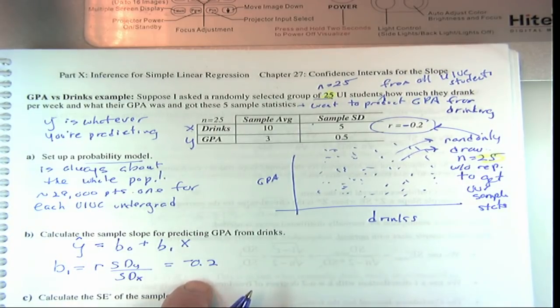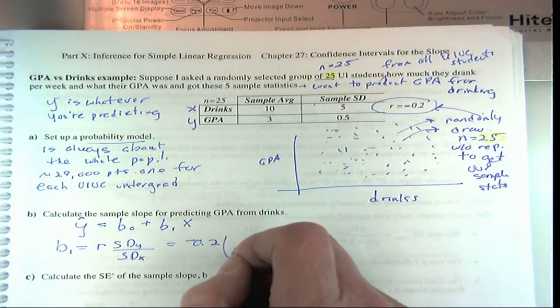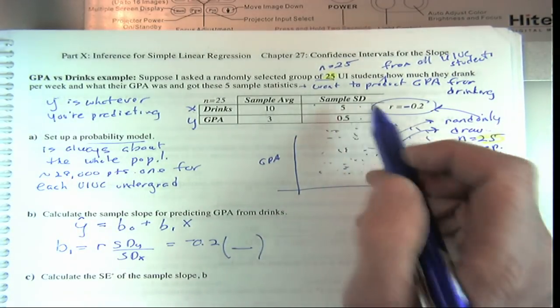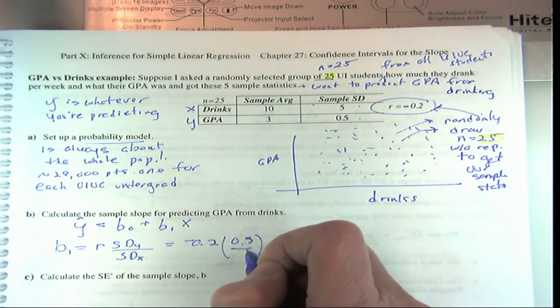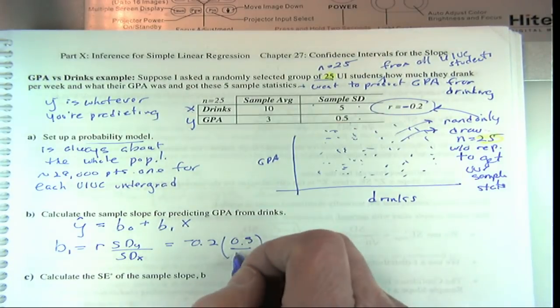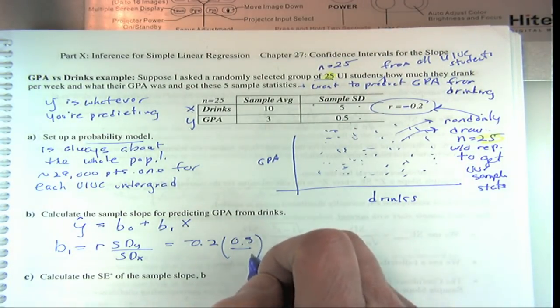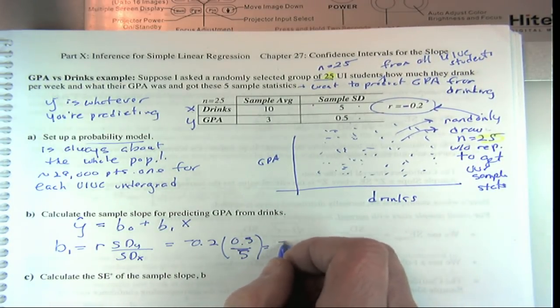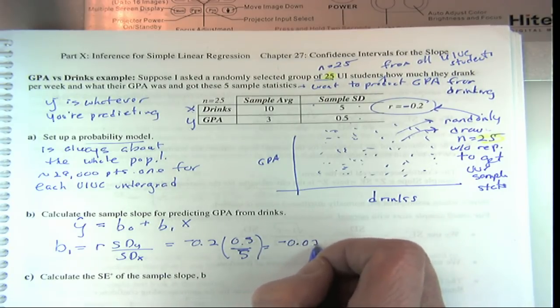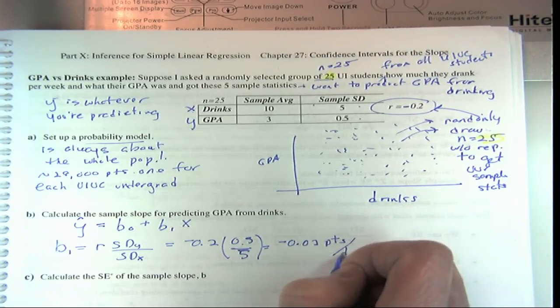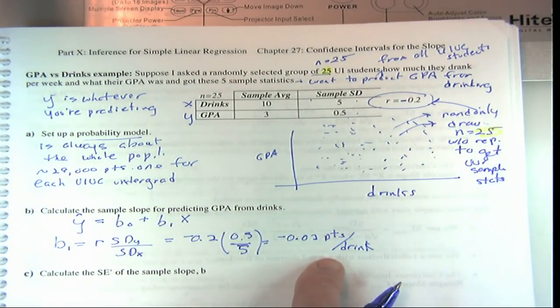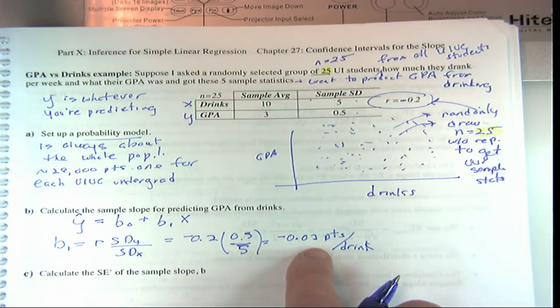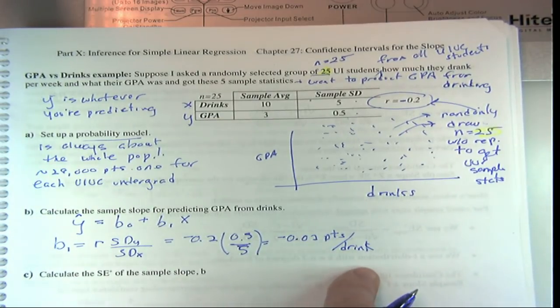So here it's going to be y over x, 0.5 GPA points per drink. So that's negative 0.02 GPA points per drink. So what does that mean? For each drink that students drink, on average their GPA gets lowered by that amount, by a tiny little bit. That's what that means.